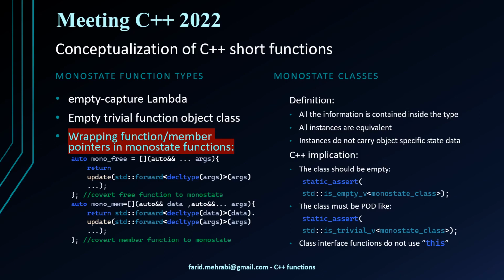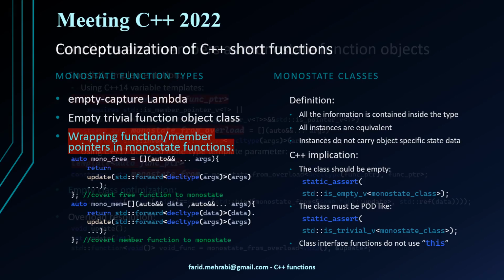That is, they have an operator(), no data members, no virtual members, and don't use the this pointer. It is simple to wrap the call to any function or member function inside a monostate function, either as an empty capture lambda or as a user-defined function object class.